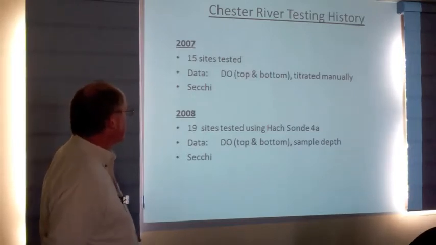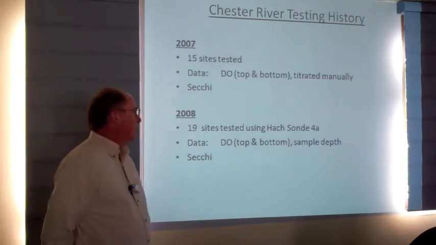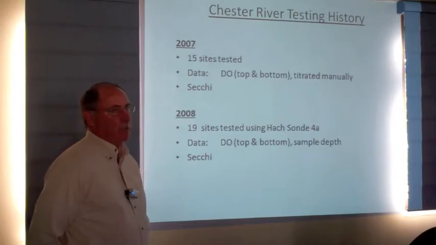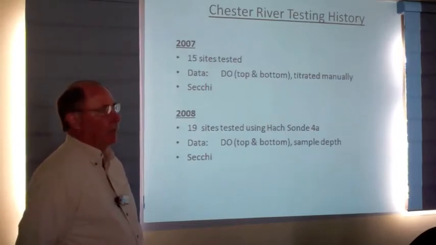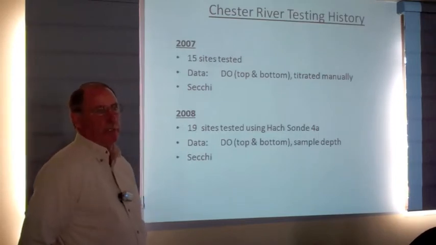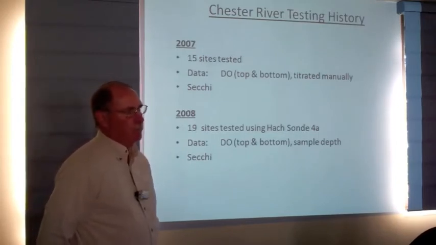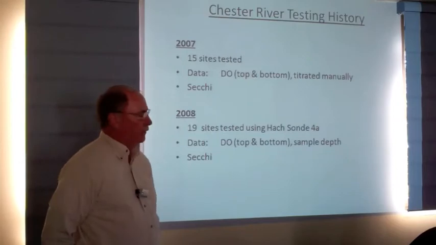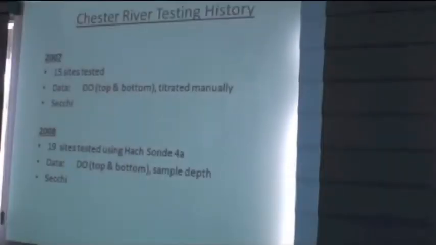In 2008, 19 sites were tested. Chester River purchased a mini-sonde probe. The sensors in that probe were for dissolved oxygen, conductivity, temperature, and water depth. The data collected in 2008 was just the top and bottom, the sample depth, and then separately Secchi.